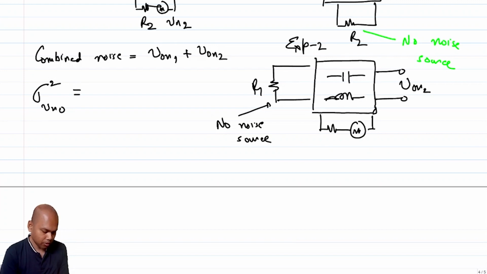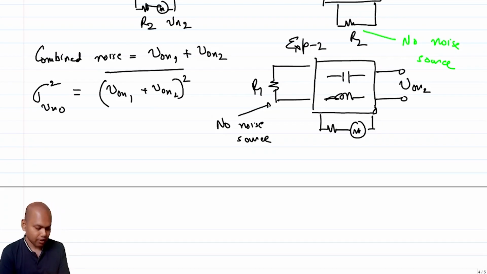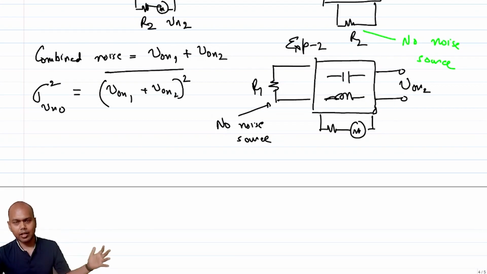So I should find out the variance of the total noise at the output, which is essentially I'll do VON1 plus VON2 whole squared and take the mean of that. I'm not subtracting the mean because both VON1 and VON2 are zero mean signals, so only squaring and taking the average of the square is sufficient.